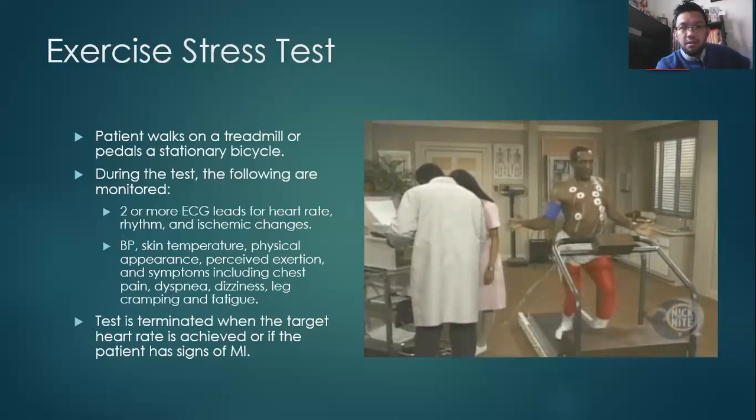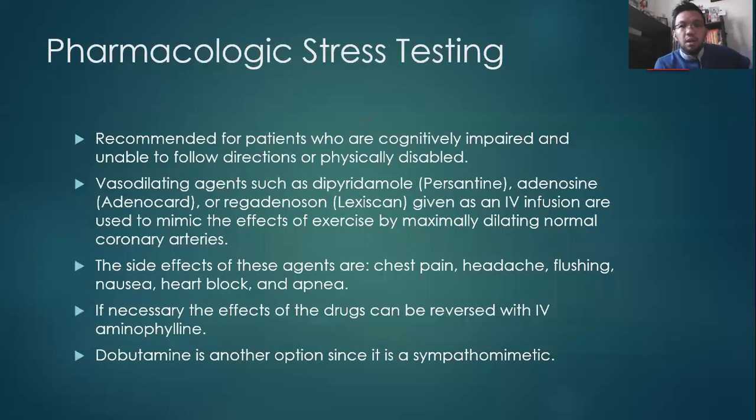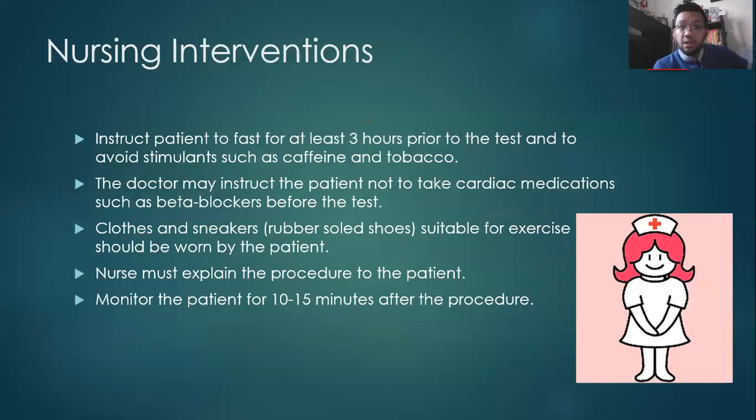Next. Our nursing responsibilities or interventions. We need to instruct the patient to fast for at least 3 hours prior to the test and to avoid stimulants such as caffeine or tobacco. So advise the patient to fast.